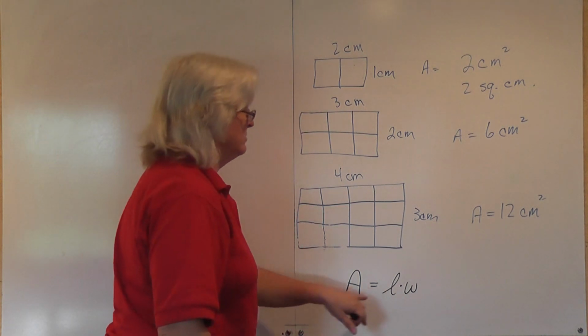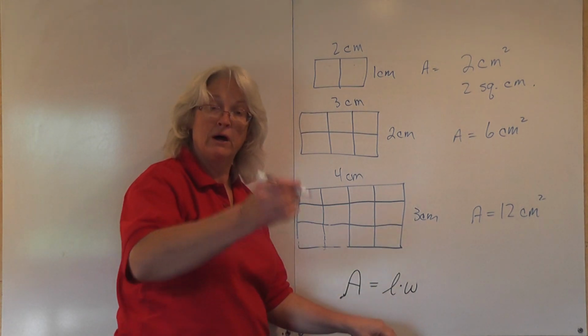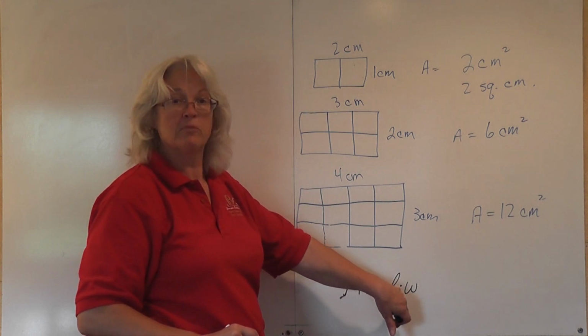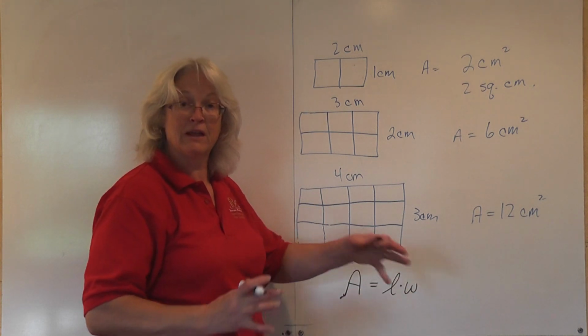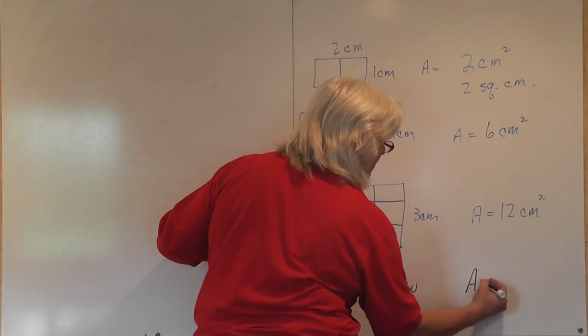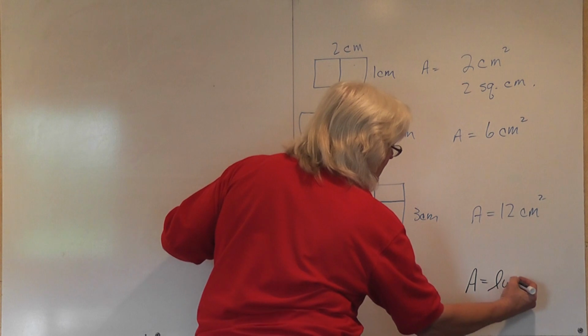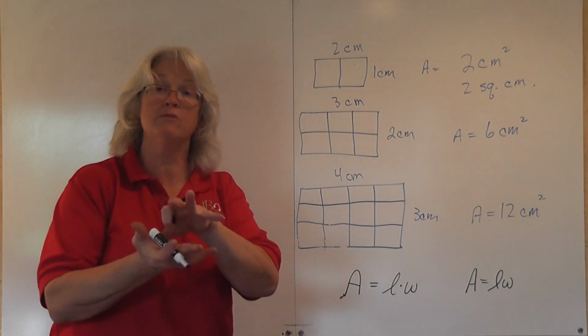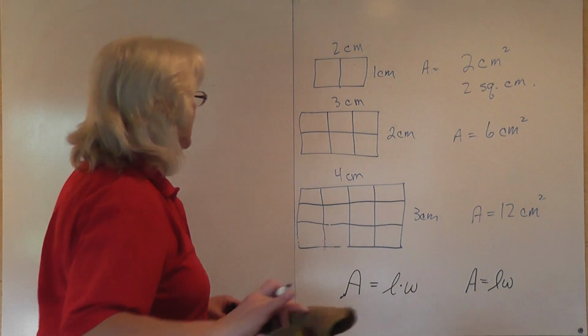And they sort of use a script, a handwritten or a cursive L and W. And they're going to start off putting that dot in there to indicate multiplication. You don't even need that. Area is equal to length times width. And that's what you're always going to use when you find the area of a rectangle.